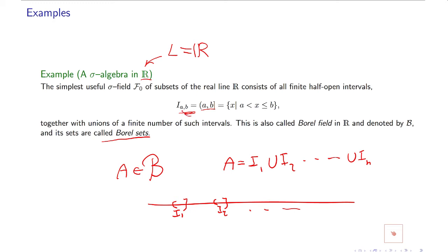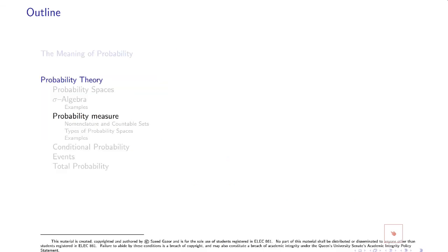Obviously, because it should be a sigma algebra, it should include their union. It should include their intersection, because the complement of a union is an intersection. So this is why we learned the sigma algebra and these things.